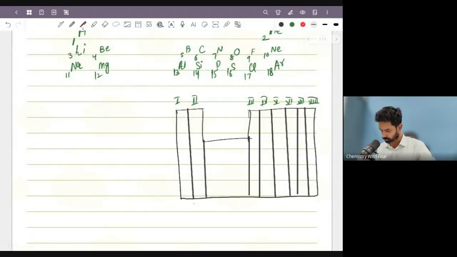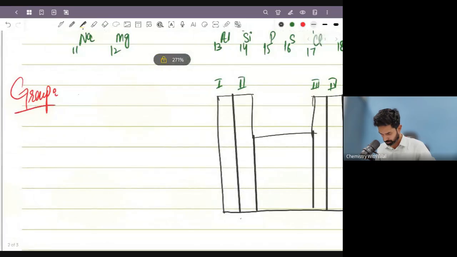So what is a group in the periodic table, everyone? Groups are the vertical columns in the periodic table. What are groups? The vertical columns.